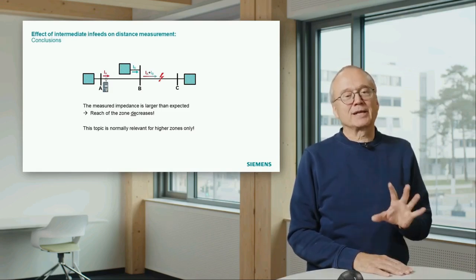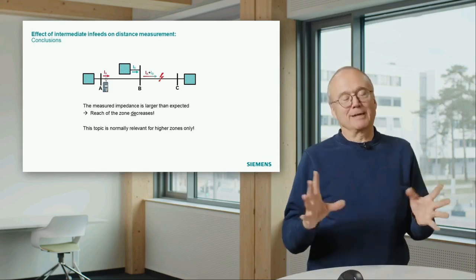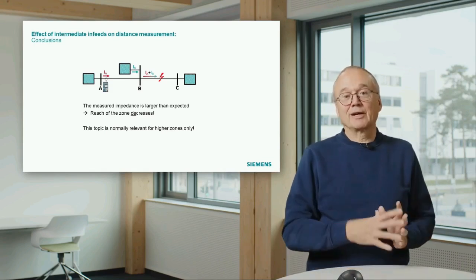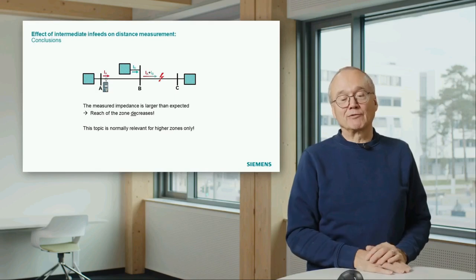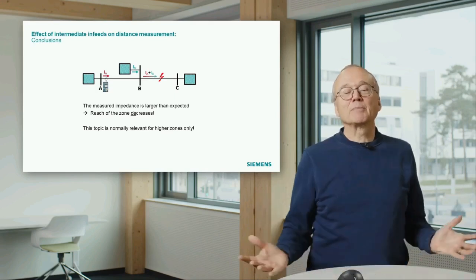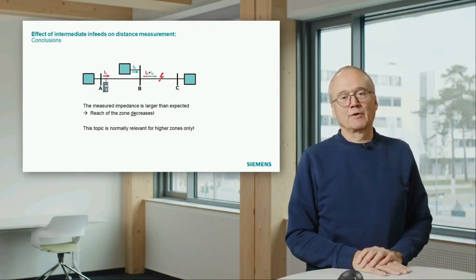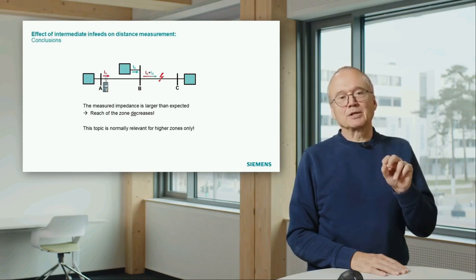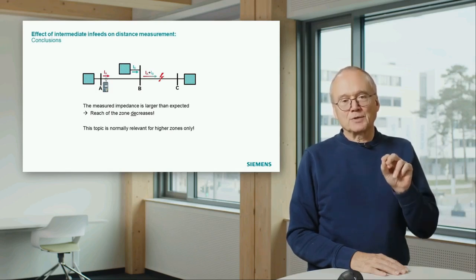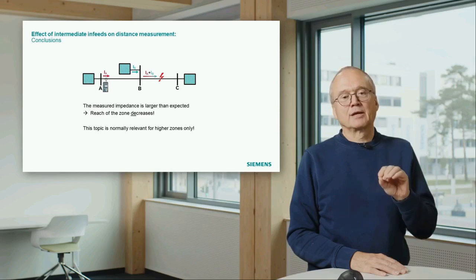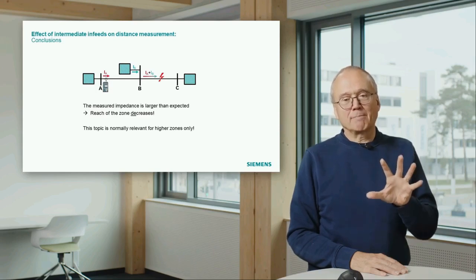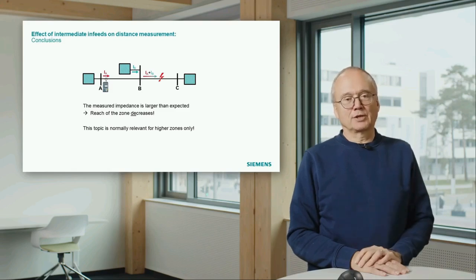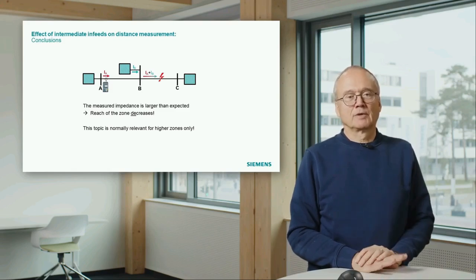You have to check that at least the pick-up zone should also cover the whole next line with intermediate infeed, because otherwise you would not have a backup situation there. So this effect of intermediate infeed has to be considered when you check whether a backup can be secured for every fault location in your system.